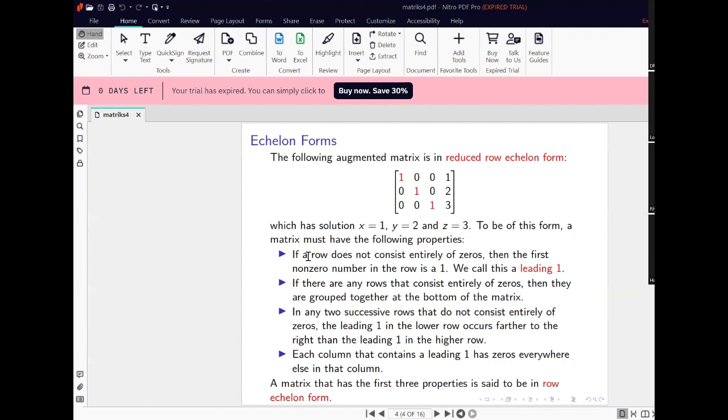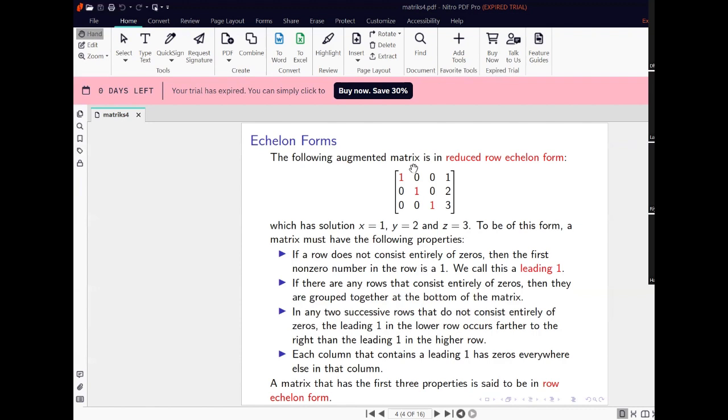It's not about the first number; the first non-zero number in the row is 1. We call this a leading one.